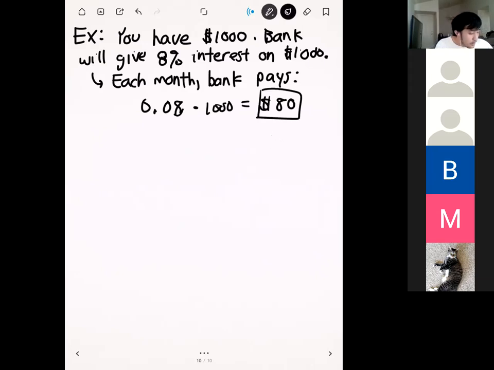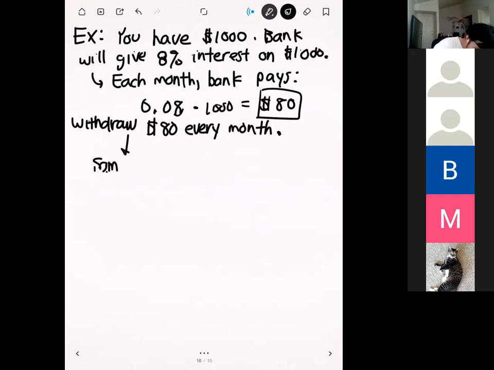And so if you take that 80 bucks and you withdraw it every month, so if you withdraw the interest as soon as you make it and deposit it into your checking account, then this is basically the same thing as having a uniform cash flow of $80 per month.